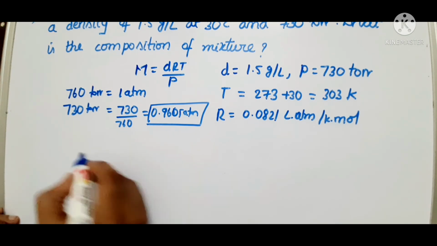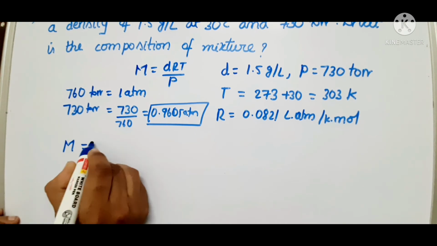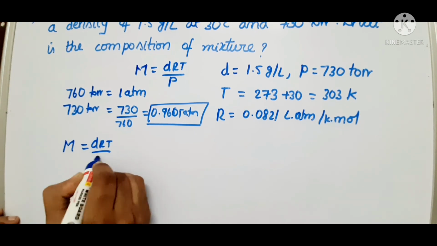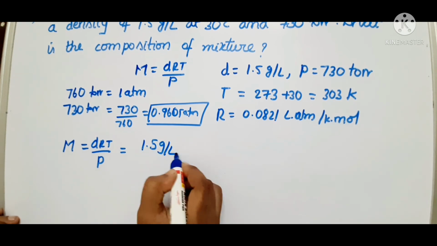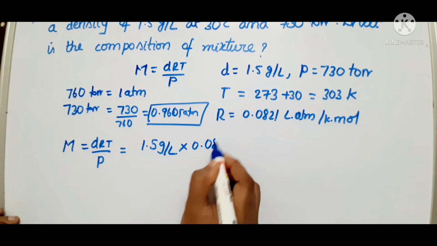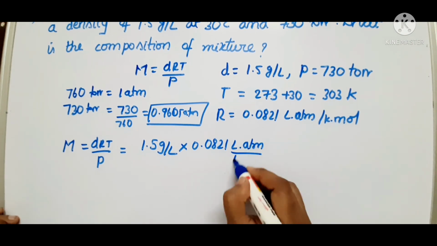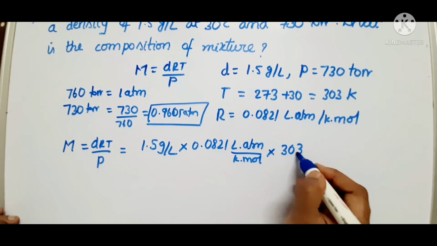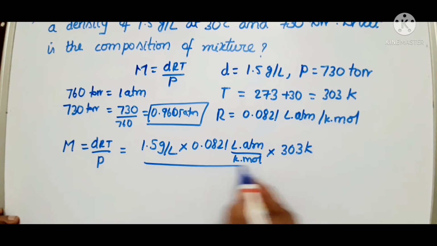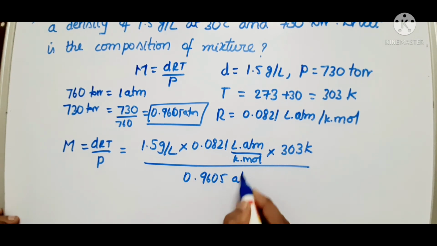Let's substitute in the equation, M equal to dRT by P. What is D? 1.5 gram per liter into 0.0821 liter atmosphere per Kelvin mole into the temperature, 303 Kelvin, divided by the pressure, which is 0.9605 atmospheres.